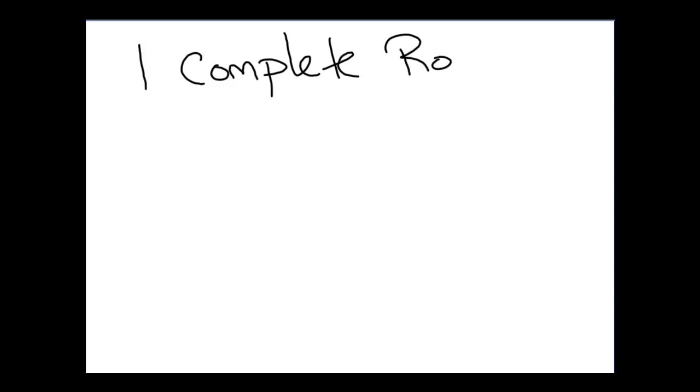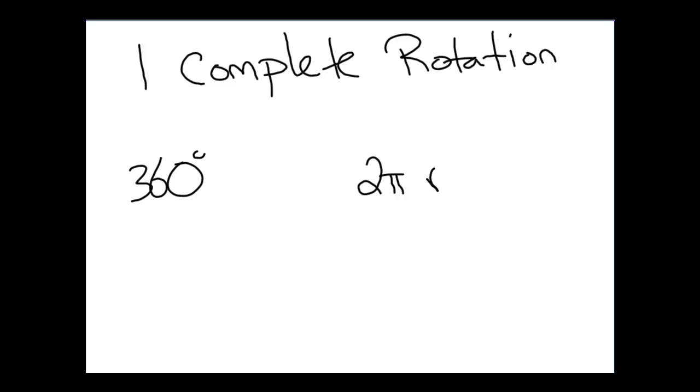So we know that one complete rotation is 360 degrees. We also now know that it is 2 pi radians. So that must mean that these two objects are equal. 360 degrees is the same as 2 pi radians.